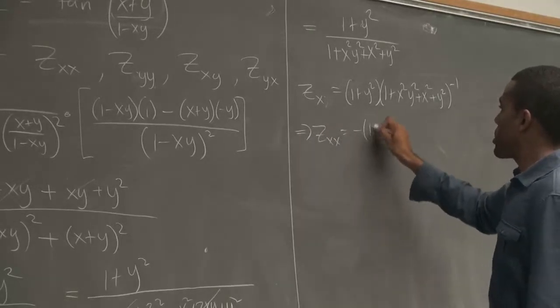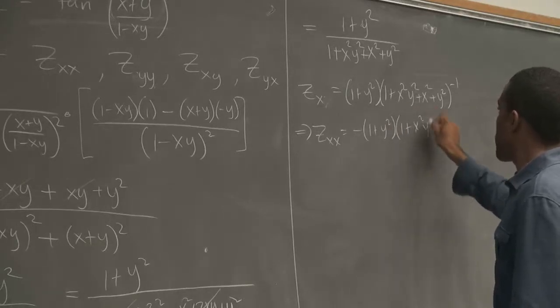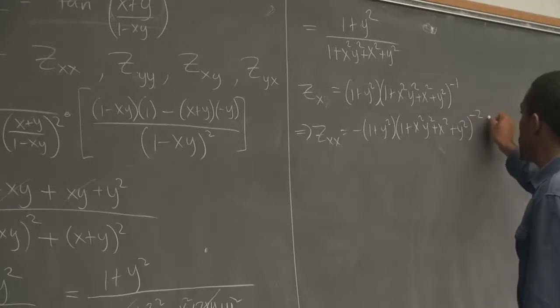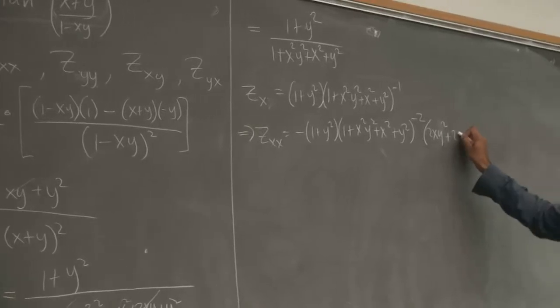So it's just minus 1 plus y squared times all of that guy to the minus 2, multiply the derivative of the inside, which with respect to x, what's that? 2xy squared plus 2x.